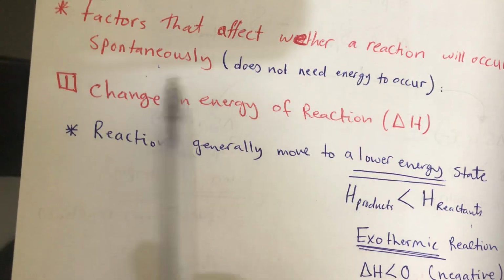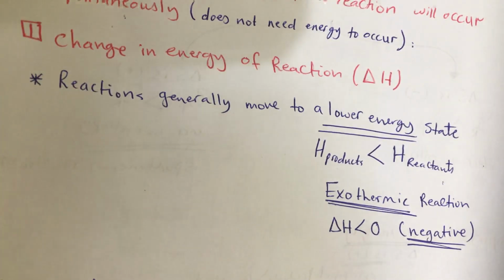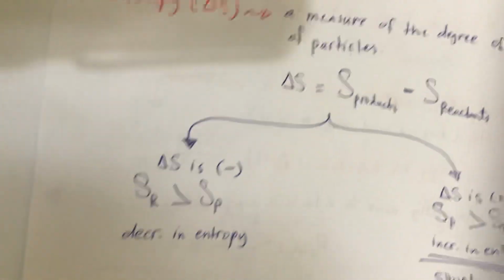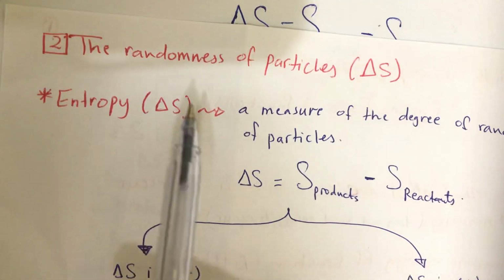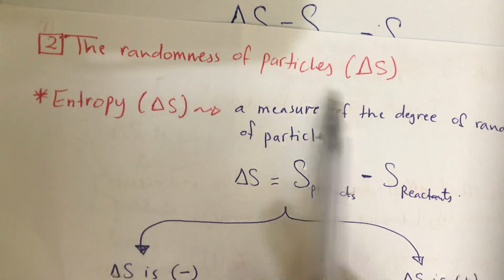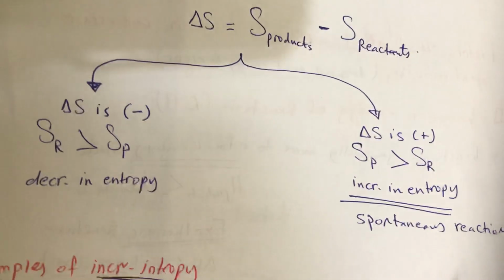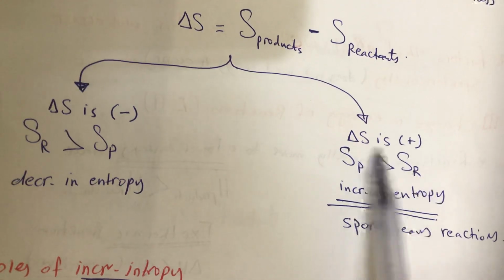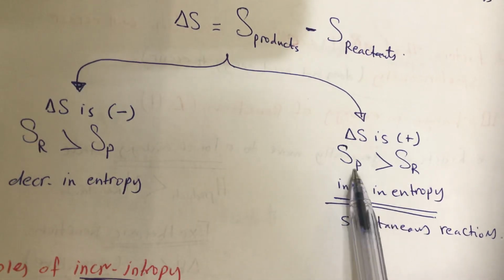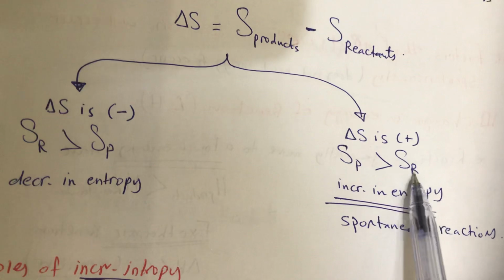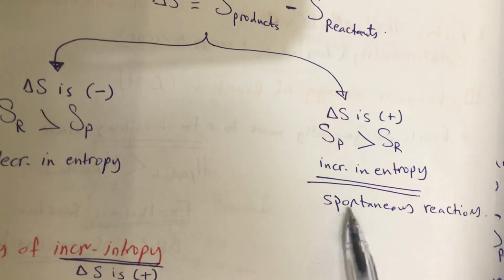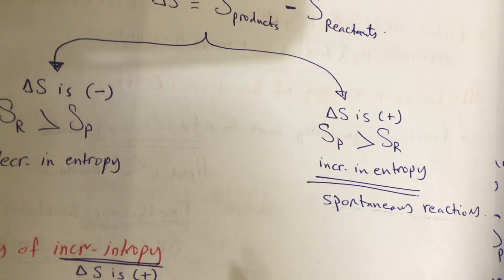It does not need energy to occur. The second factor is the randomness of particles, delta S. When delta S is positive, the randomness of particles for the products is greater than for the reactants, and it's a spontaneous reaction.